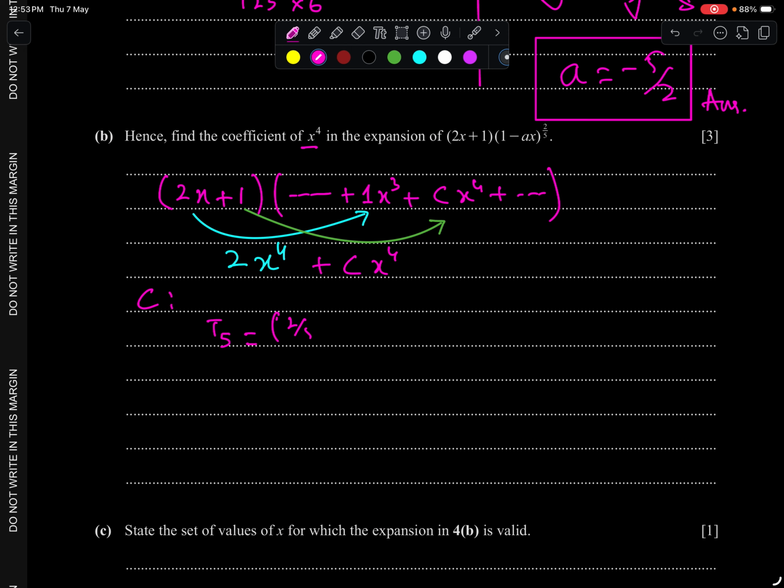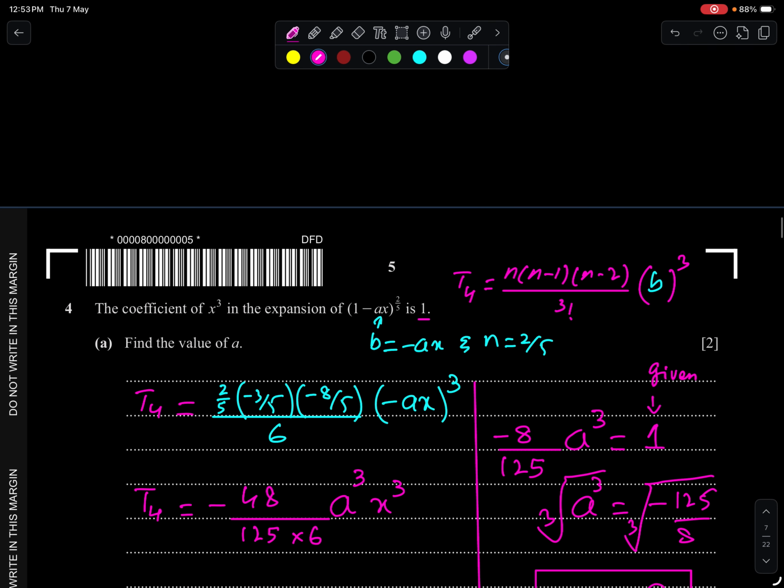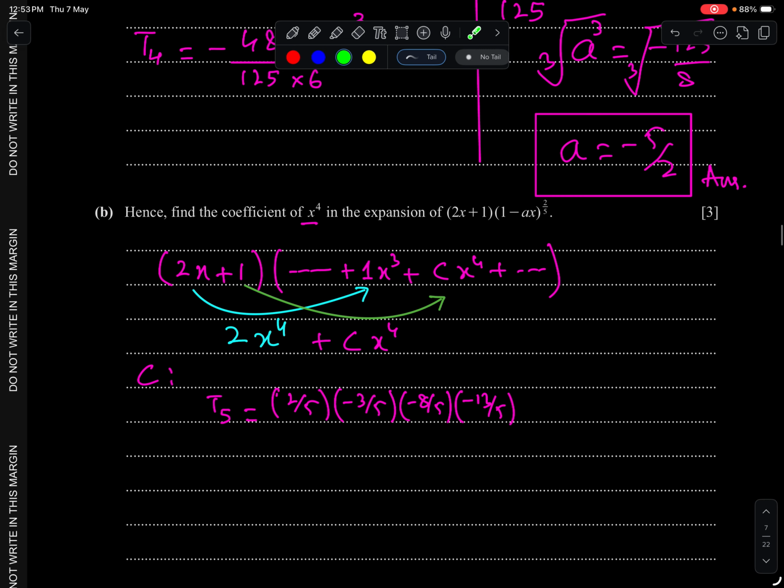So 2 upon 5, n minus 1 is minus 3 upon 5, n minus 2 is minus 8 upon 5, n minus 3 is minus 13 upon 5. For the cube, we had n minus 1, n minus 2. What if we had 4 here? Then we have n minus 1, n minus 2, n minus 3, divided by 4 factorial.